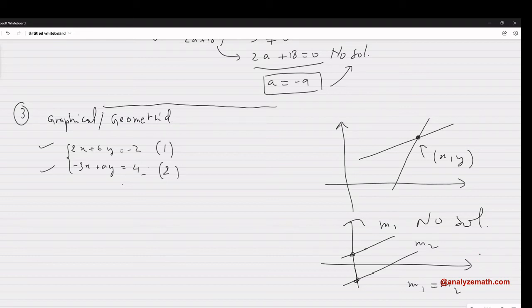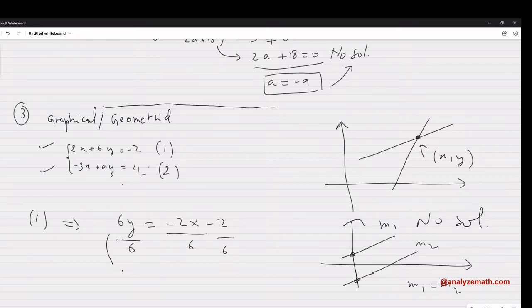Okay, good. Now let's go back to our equations and write each one of them into slope-intercept form. So 1 gives me 6y equal negative 2x, negative 2. Remember to write a line into slope-intercept form, you solve for y. And this is what I'm doing. I divide by 6 everywhere.